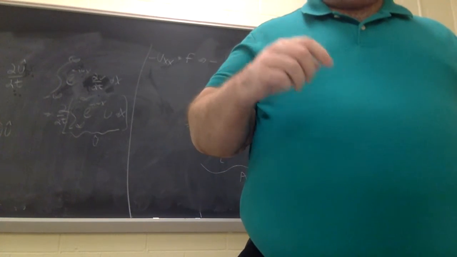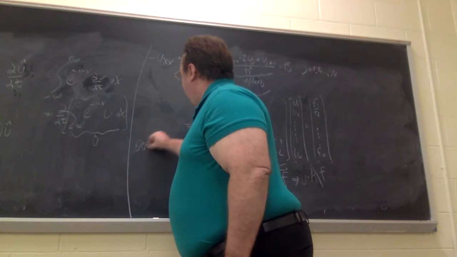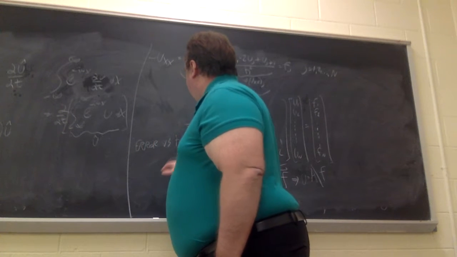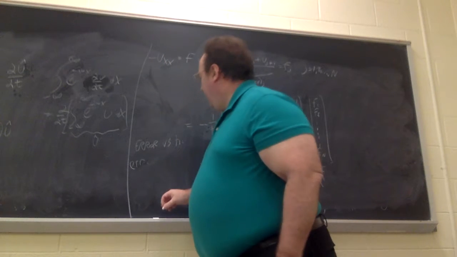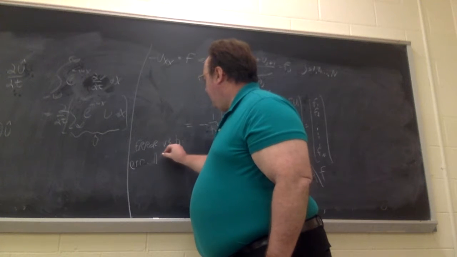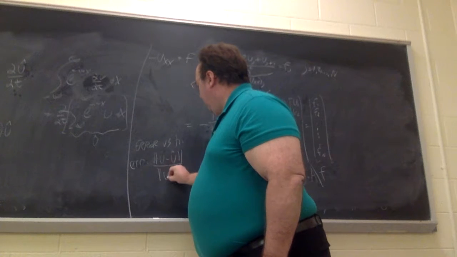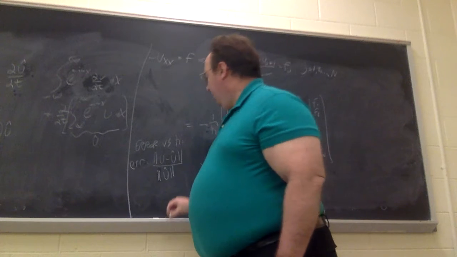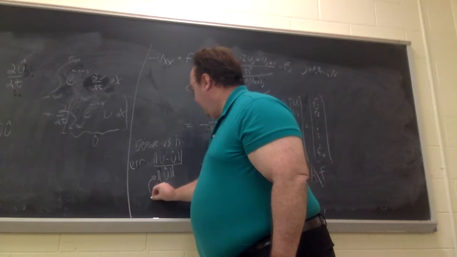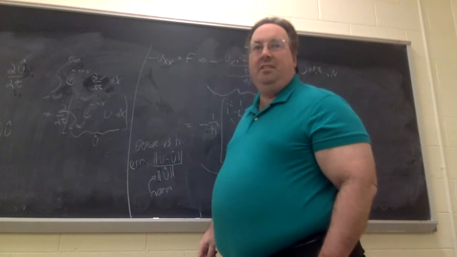Since I don't remember which details I provided: when I say plotting error versus H, the error for a given H value would be the norm of U minus U hat over the norm of U hat. Where that's just MATLAB's norm function.